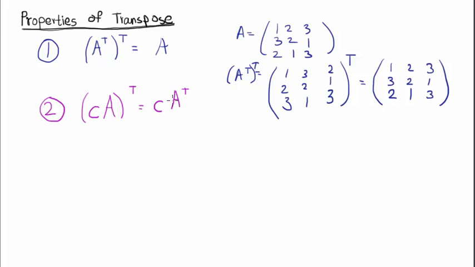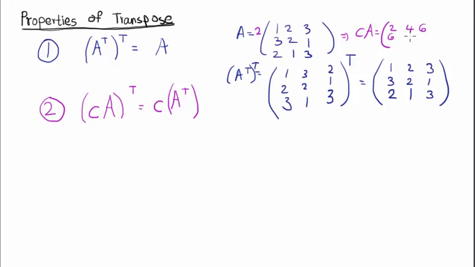Okay? So basically, again, this is sort of intuitive. If you have a matrix A and you're multiplying it by C, so for example, let's just keep this matrix, and then instead of C, I have 2, right? If this is the case, then CA would be equal to 2 times 1 is 2, 2 times 2 is 4, 2 times 3 is 6, and so forth.